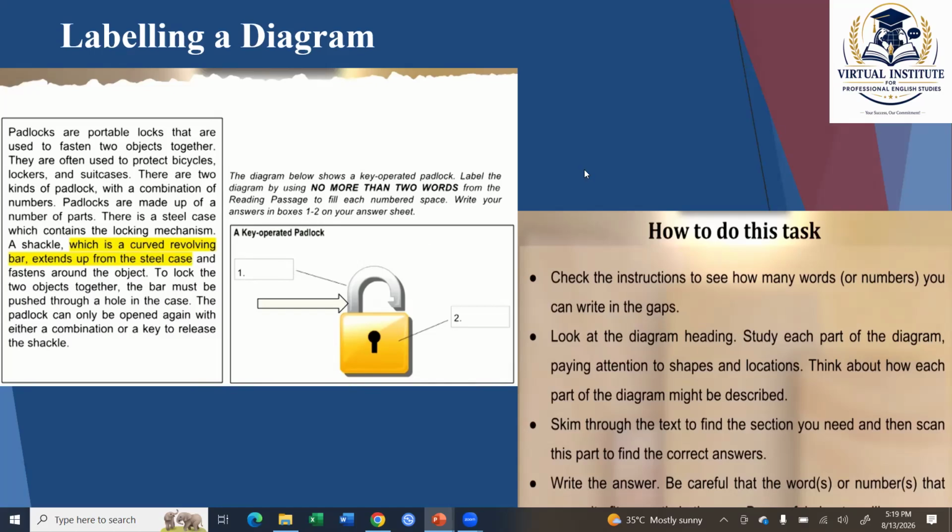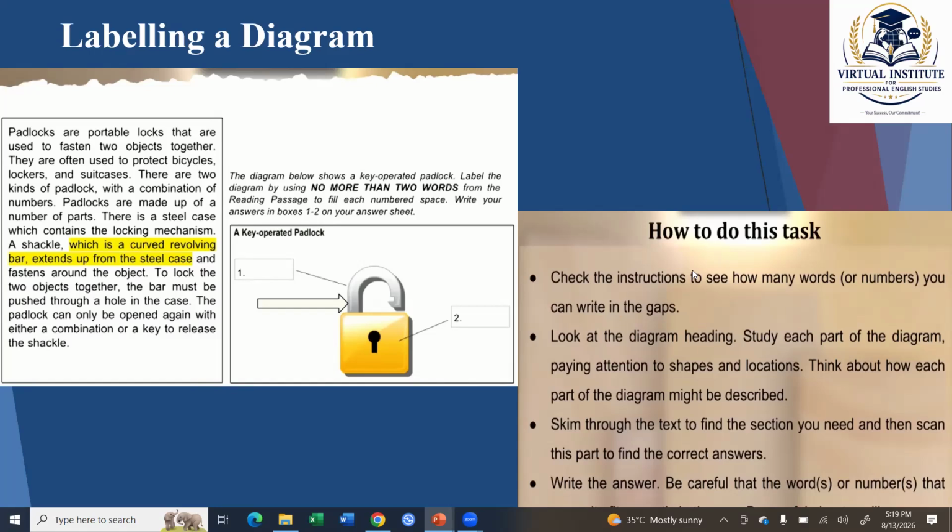Hello? Atika, could you please tell me? Okay, so the right option here is shackle, right? And shackle should be placed here, and it is exactly under the word limit. There are no more than 2 words.